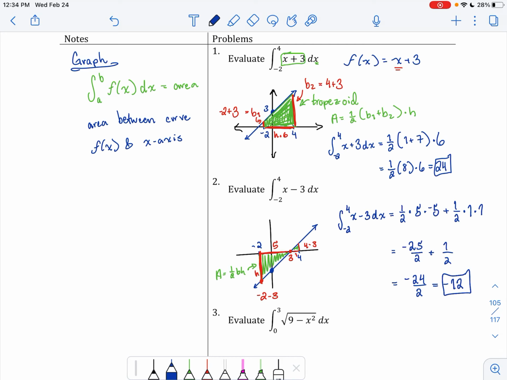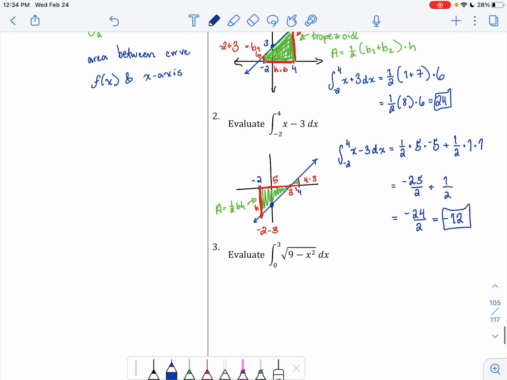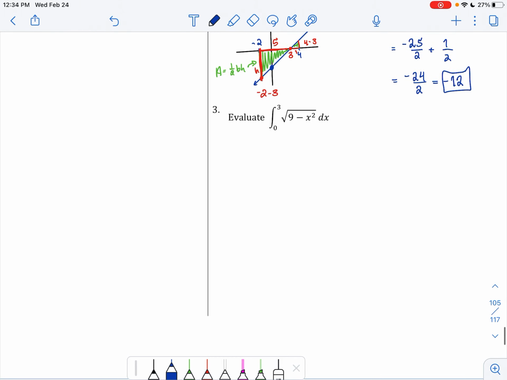So you'll have triangles, you'll have trapezoids, you might have rectangles. You're also going to have functions that look like this, and this might be a little bit more challenging to grasp how this is going to connect to our ideas of geometry. So evaluate the integral from 0 to 3 of √(9 minus x squared) dx. Now the way I always recommend you think about this is, it tells us that our function is y equals √(9 minus x squared).